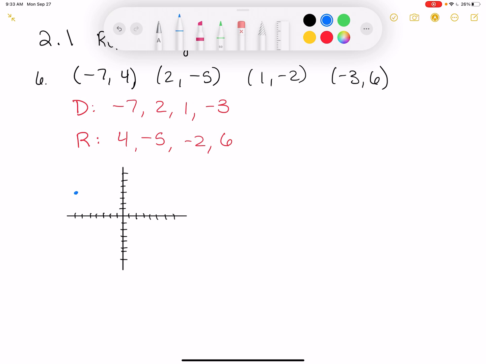And unless you are dying to use graph paper, this isn't something that I care about you graphing on graph paper. Let's see, (2, -5), (1, -2), and (-3, 6).